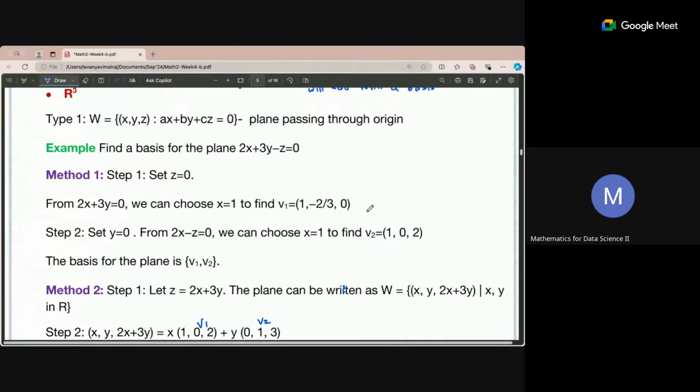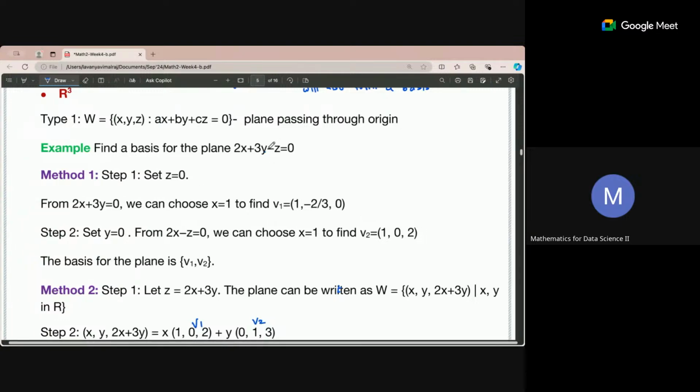So we are done with the first vector. To find the second vector, again we make another variable 0, and then give a random number for one of the variables. Here we put x equal to 1 and find the other variable. So you got the second vector also, and you know that this forms a basis.